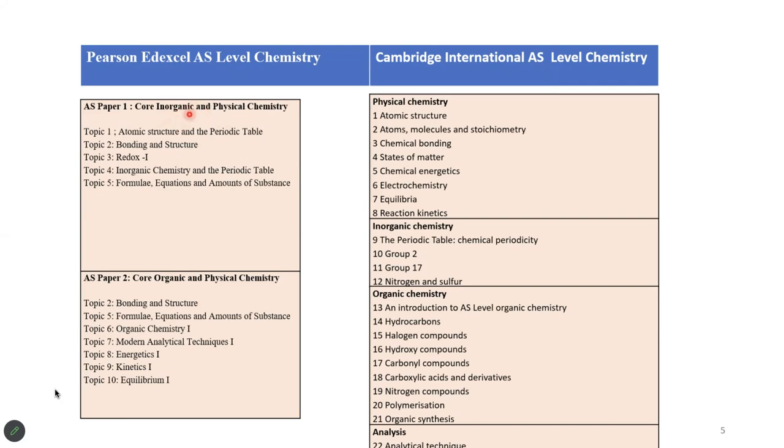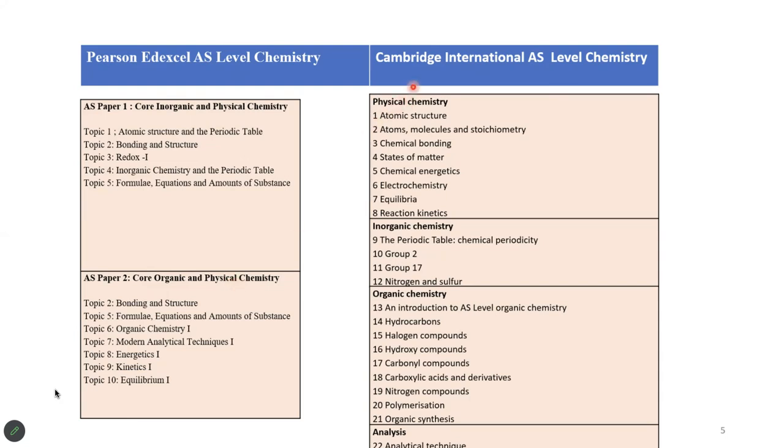For core inorganic and physical chemistry for Edexcel AS level, we have touched all of these topics already, and therefore now we have to start with both organic and physical chemistry also.